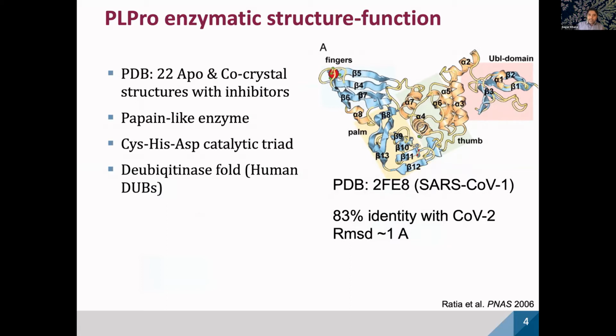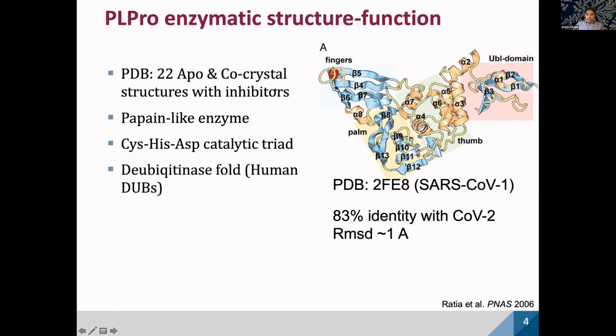This is a little bit more about this enzyme. This is a papain-like enzyme, and it has a cysteine, histidine, and aspartate catalytic triad, which is well known. Overall, its structure is actually closer to human deubiquitinases rather than chymotrypsin, which the 3C-like protease is more similar to.